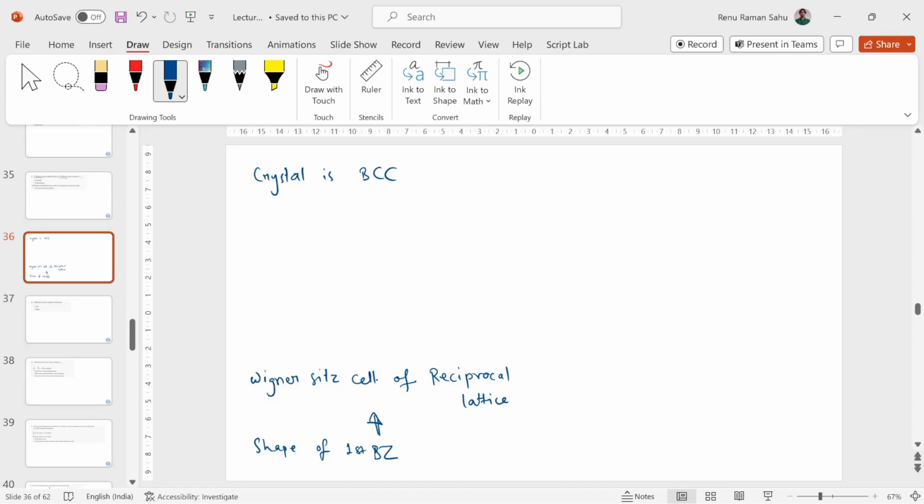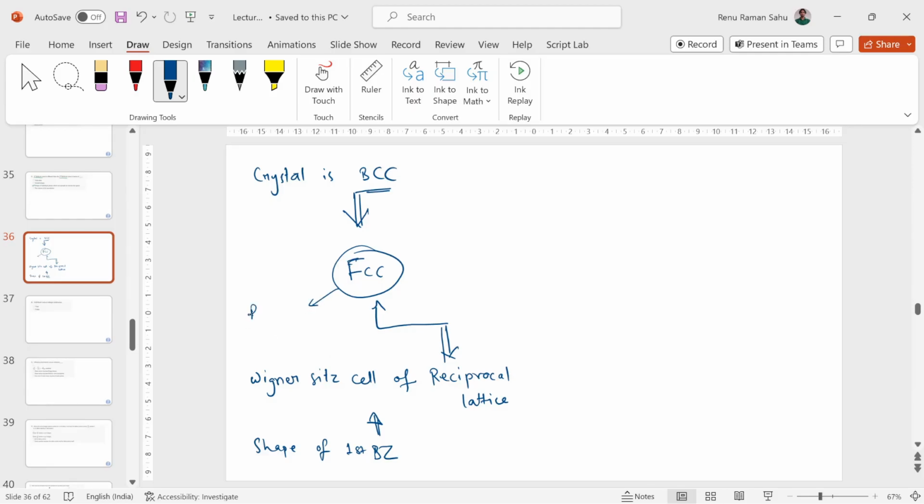If your crystal is BCC, then your reciprocal lattice is FCC. Now what is the Wigner-Seitz cell of FCC?